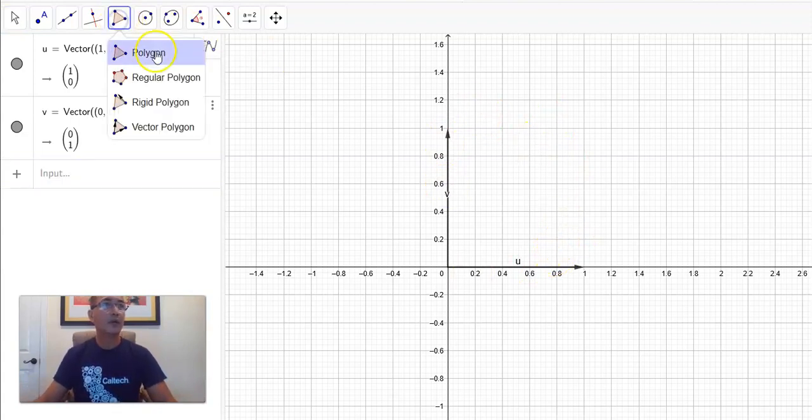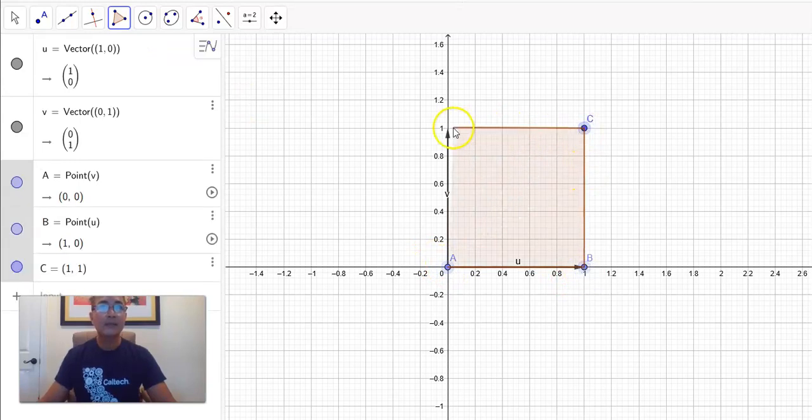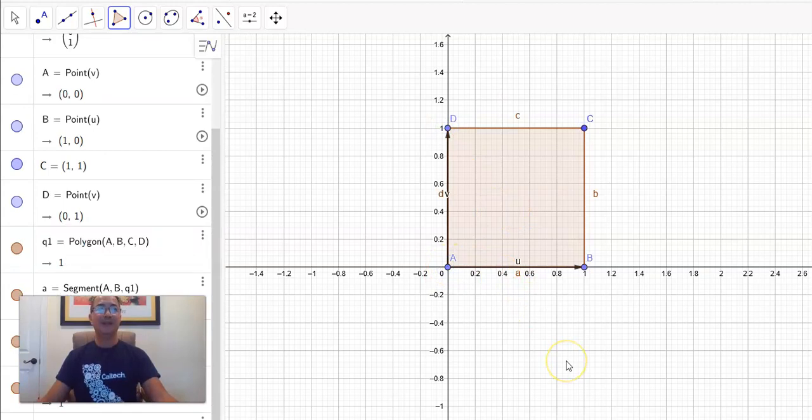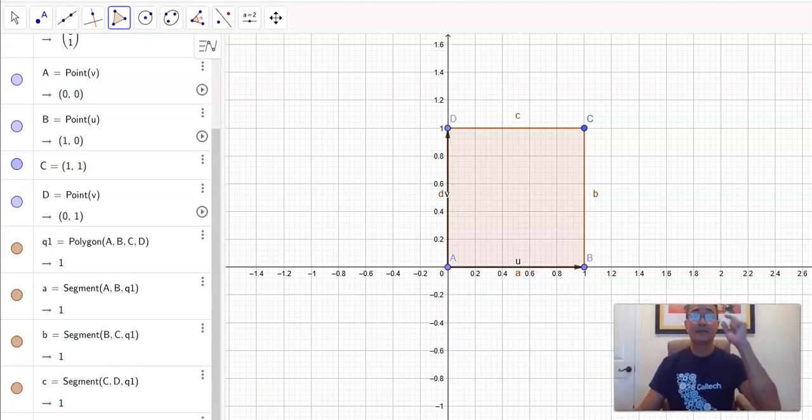Okay, so what we're going to do is complete this square. So I have this polygon command. All we do is click on points, and we complete a square. Oops, back to the starting point. Okay, so that square is what we call our basic box.